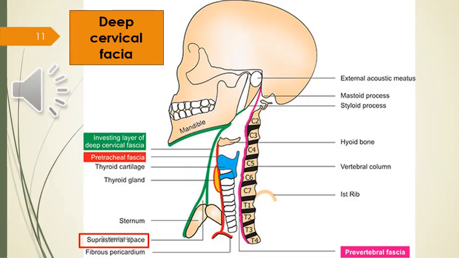The prevertebral fascia superiorly has an attachment that covers the base of the skull, and inferiorly it continues further. Laterally it connects to the axillary sheaths. And the carotid sheath also extends upward and downward from the base of neck to the base of skull. It is on both sides of the neck.